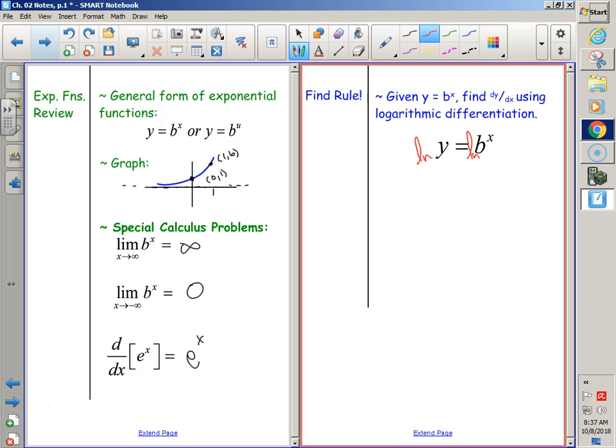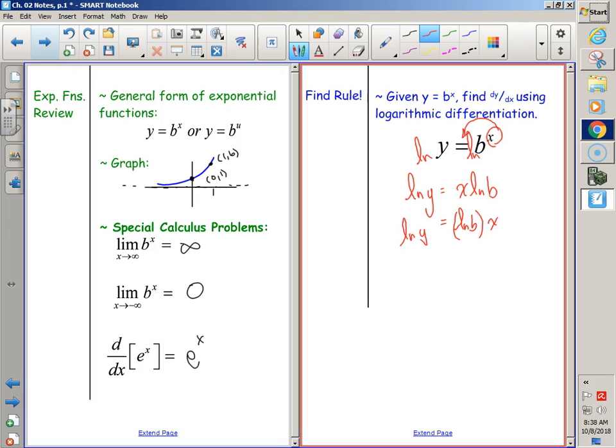So what if I was to take ln of both sides? I could bring that little x down, and I would have ln of y is equal to x times ln of b. Technically, I could rewrite this to be ln of b, because that's a constant, times x.